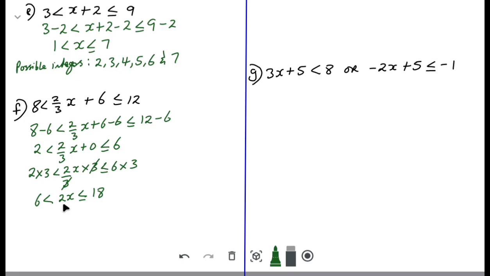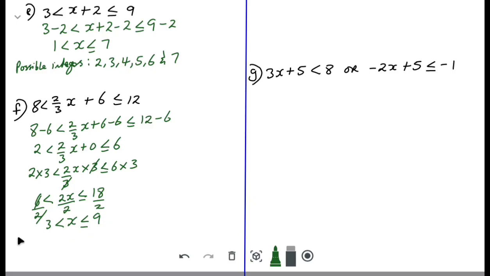The next thing we need to do is to divide both sides by 2, the coefficient of x. Divide both sides by 2. This will be 3 less than x less than or equals to 9. So our final answer now is x is greater than 3 and x is less than or equals to 9.